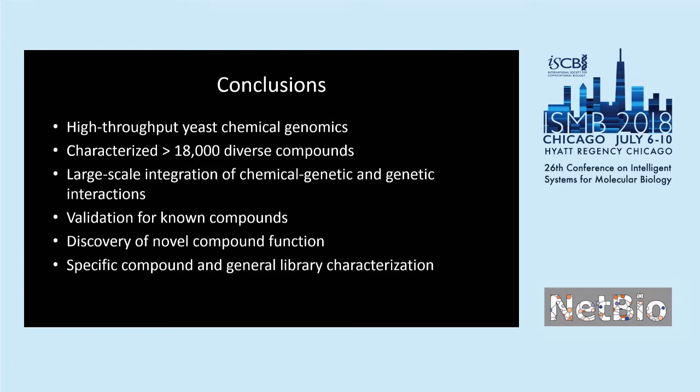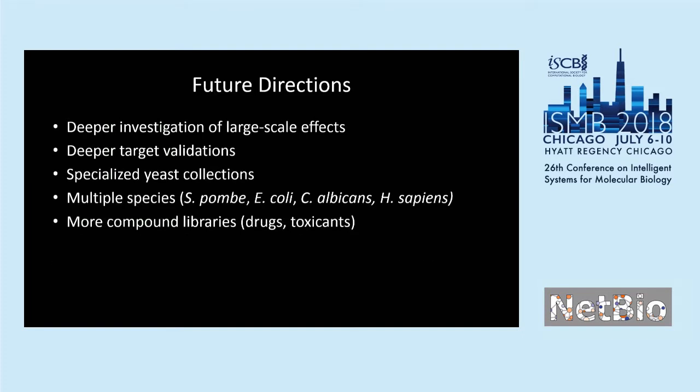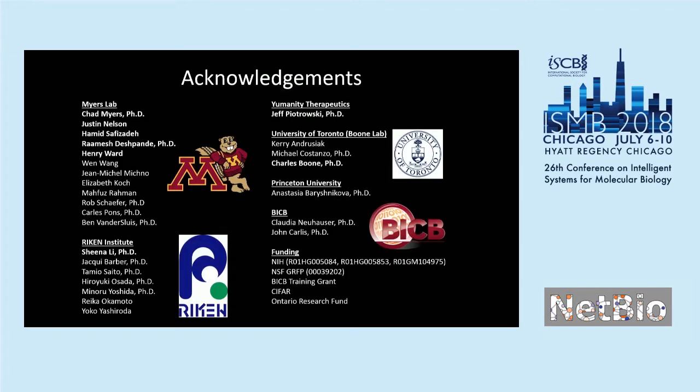And we've been able to characterize from the single compound to the library level. I've described some future directions to you already, so I may not need to go too much into that, but we are just diving deeper on the data and the predictions and the compounds.